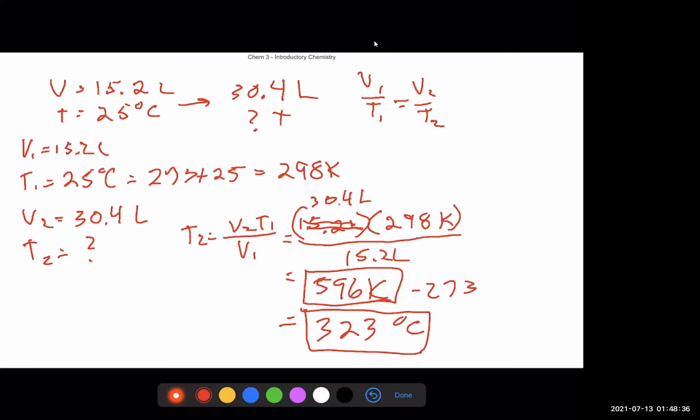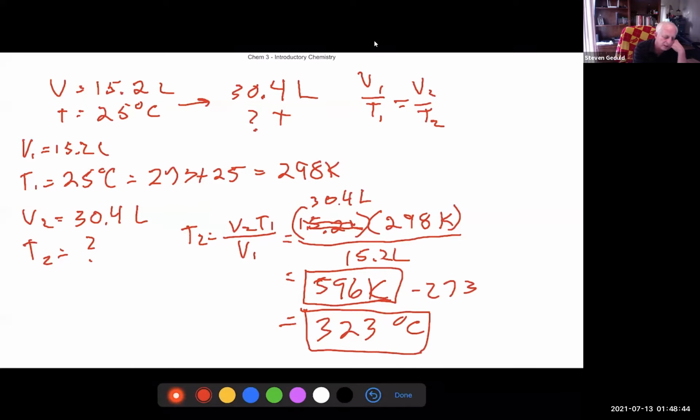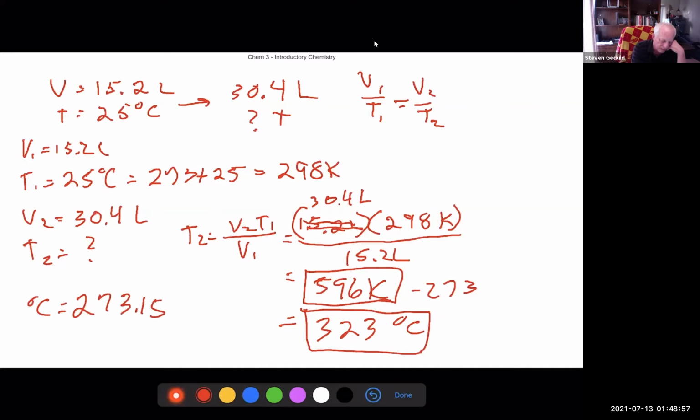I don't get why you subtracted 273. Because they wanted the answer in Kelvin and centigrade. Remember a formula for converting. Degrees centigrade equals 273.15 to be accurate.